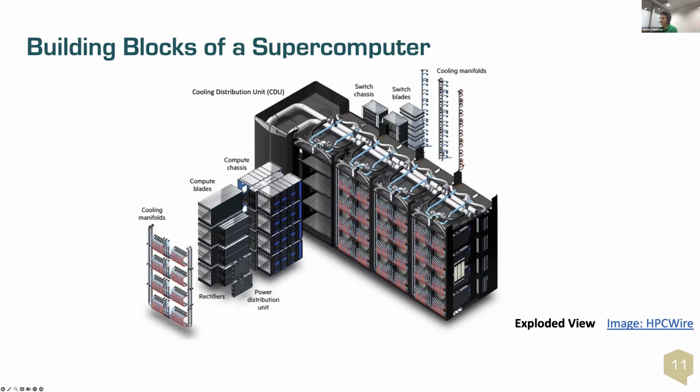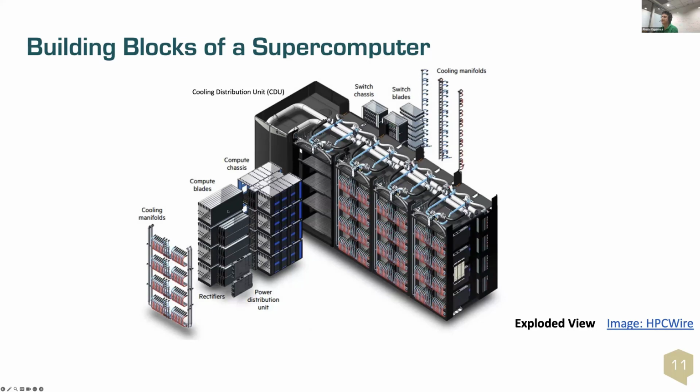And these chips and GPU cards are in the compute blades. This is a schematic of Setonix, or part of Setonix, this HPE Cray EX supercomputer. The blades are like a plate, a motherboard if we can say, and there are many blades set vertically that go into the compute chassis.